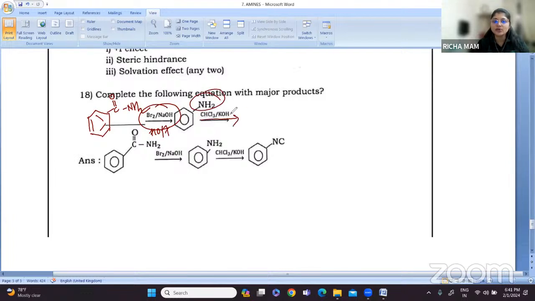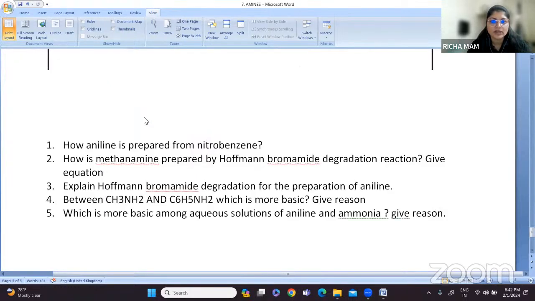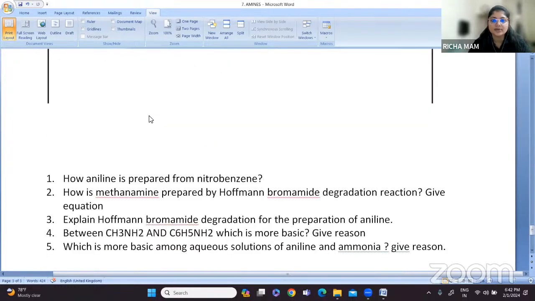Aniline, when you treat it with chloroform in the presence of KOH, you do a carbylamine reaction. That is, your NH2 is converted into NC. That is phenyl isocyanide. So this is a 2 marks question. Is it clear, students?